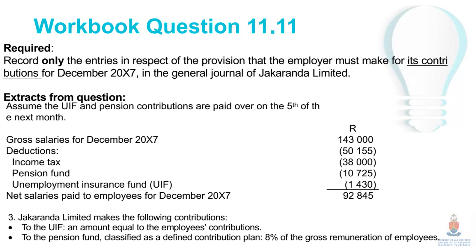In the case where the company pays the third parties or the contributions on the last day of the month, then it would be bank. But here they're specifically telling us it's not being paid on the last day of the month. It's being paid on the 5th day of the next month, meaning that it has to be a liability.